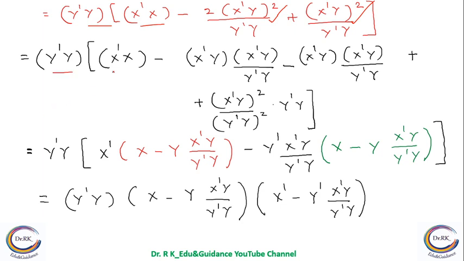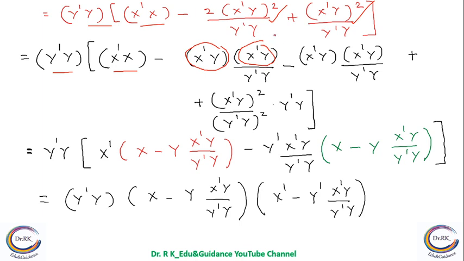So y transpose y, x transpose x; this we separate, minus x transpose y into the term. So here x transpose y whole square we separated as x transpose y into x transpose y, so that it is x transpose y square by y transpose y, minus the same actually twice.